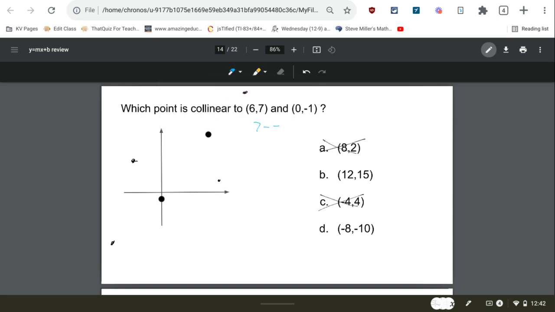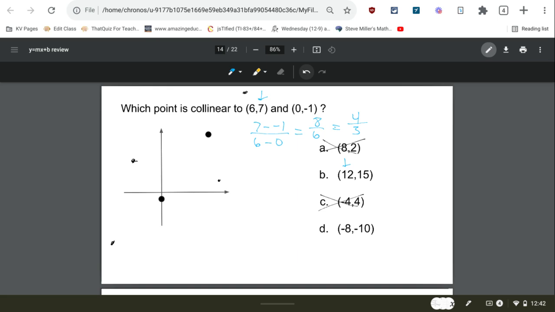All right, 7 minus negative 1 over 6 minus 0. Those are for our original 2 points. 8 over 6 will reduce down to 4/3. Now I'm going to take (6, 7) and compare it to (12, 15).